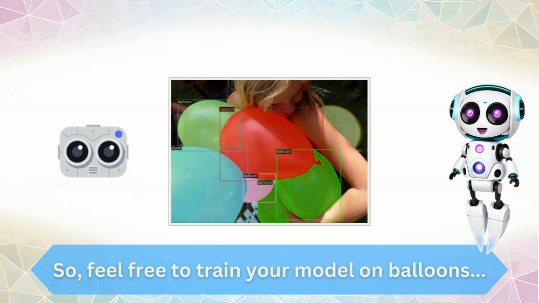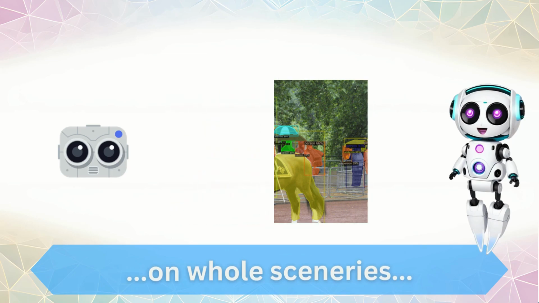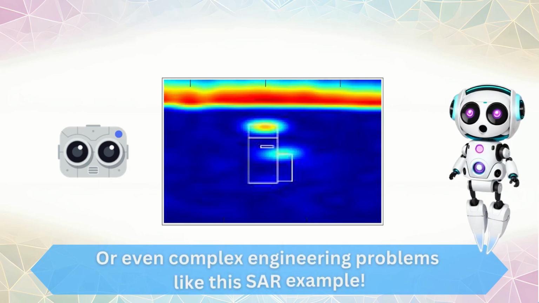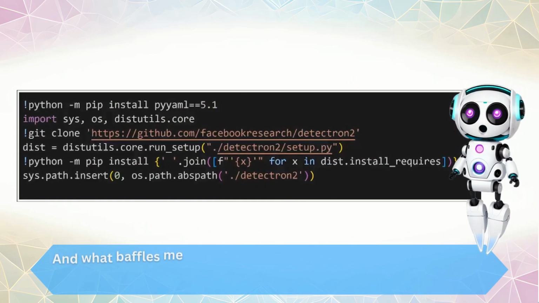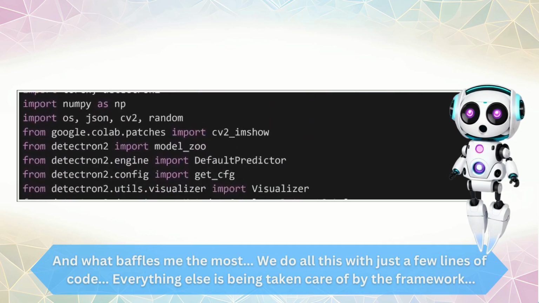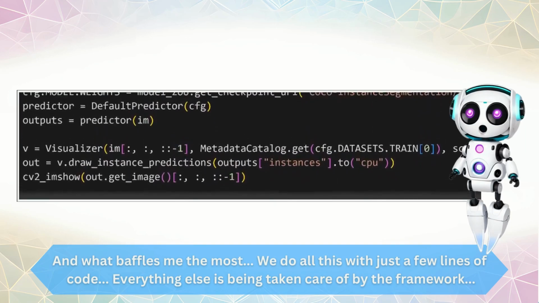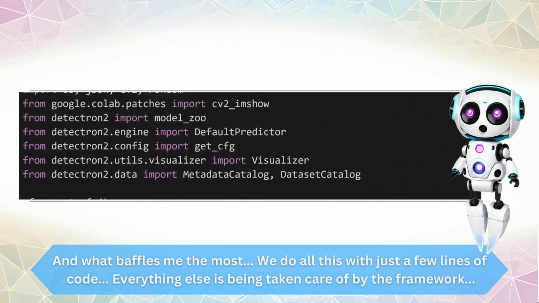So, feel free to train your model on balloons, on whole sceneries, or even complex engineering problems like this SAR example. And what baffles me the most, we do all this with just a few lines of code. Everything else is being taken care of by the framework.